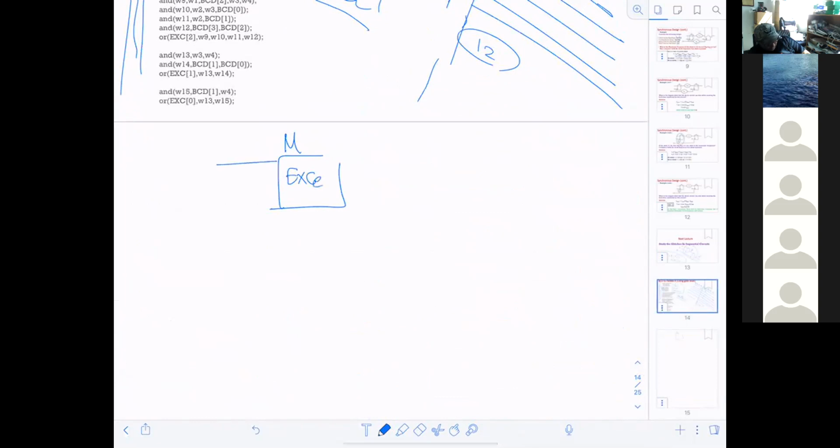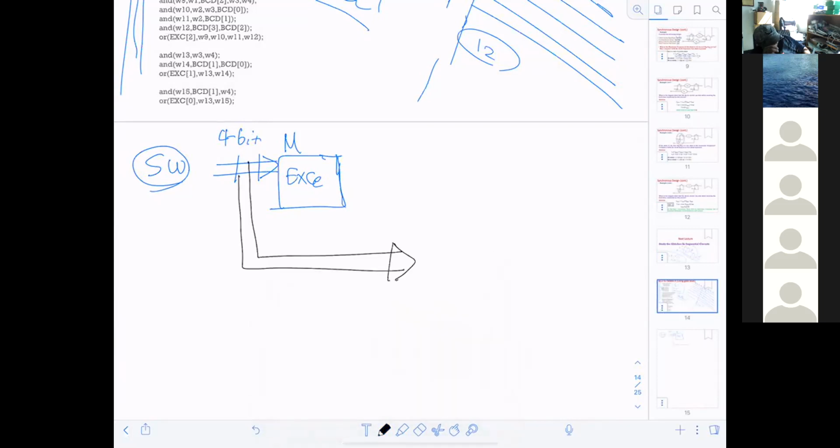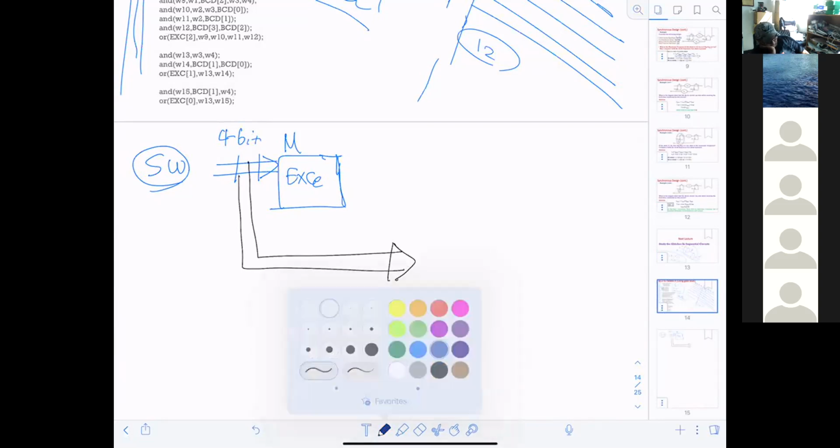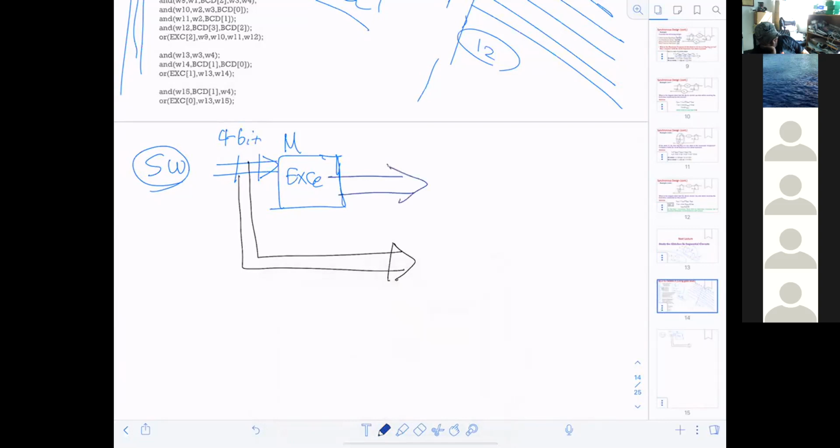So I have here the switches, and those are connected to the board. Then I will go like this. Sound good? And here's the output.